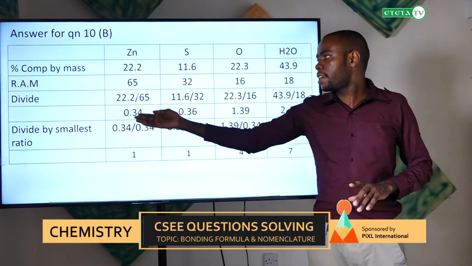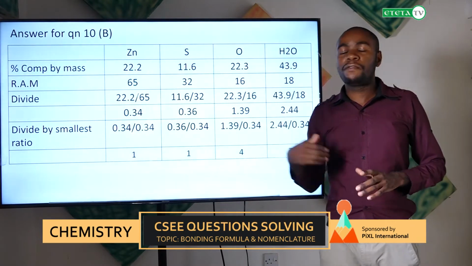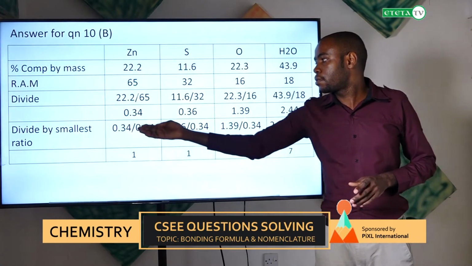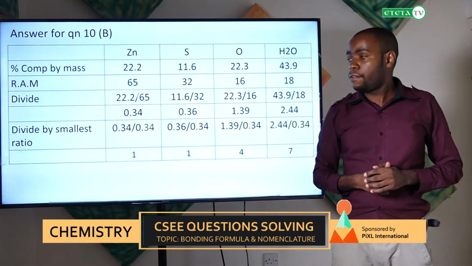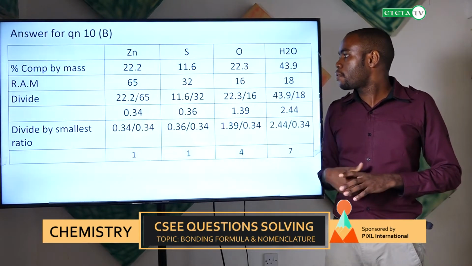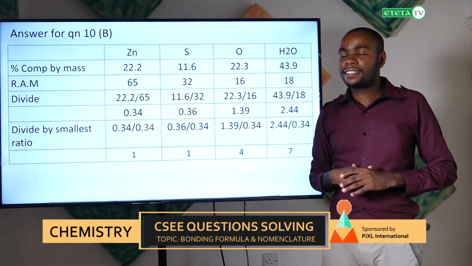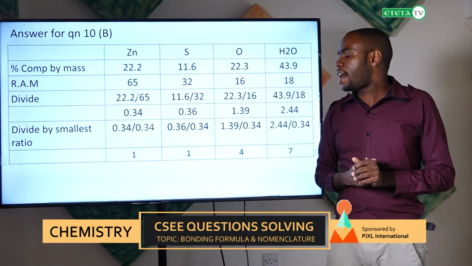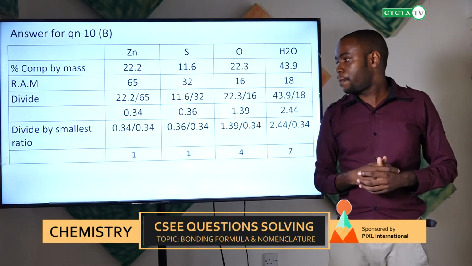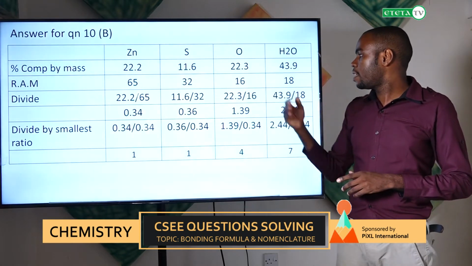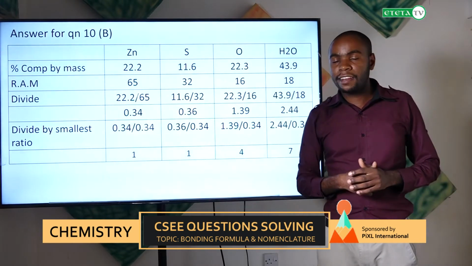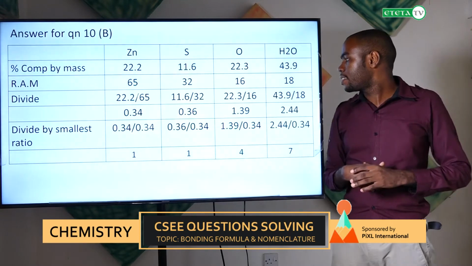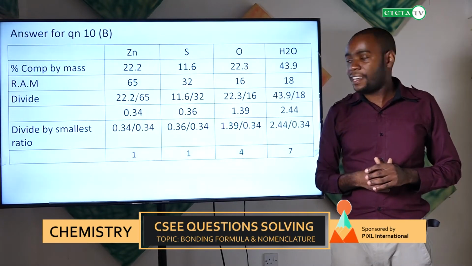For zinc, you take 22.2 divided by 65, which is equal to 0.34. For sulfur, 11.6 divided by 32 is equal to 0.36. For oxygen, 22.3 divided by 16 is equal to 1.39.